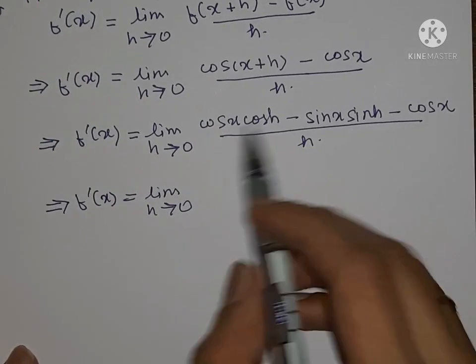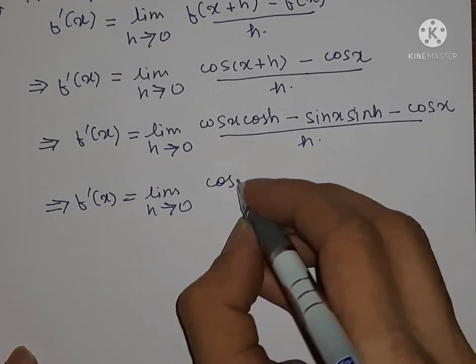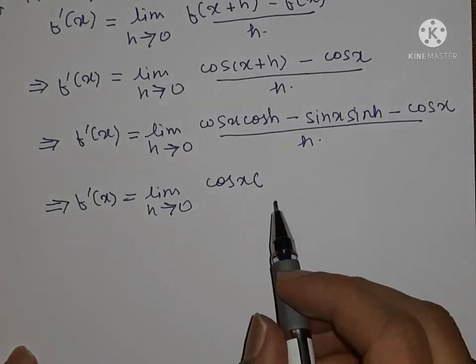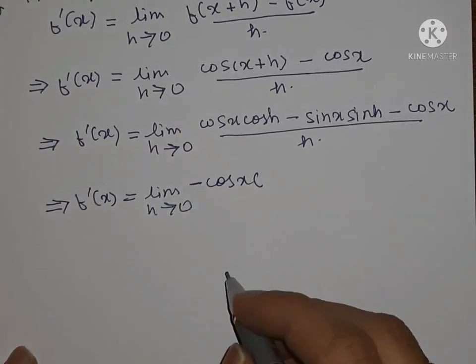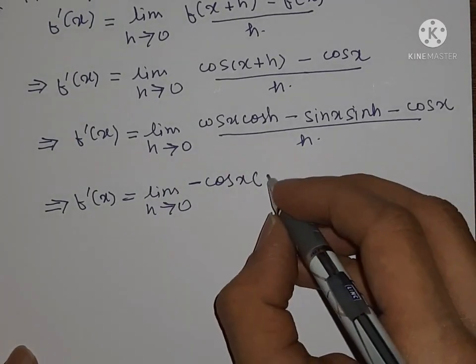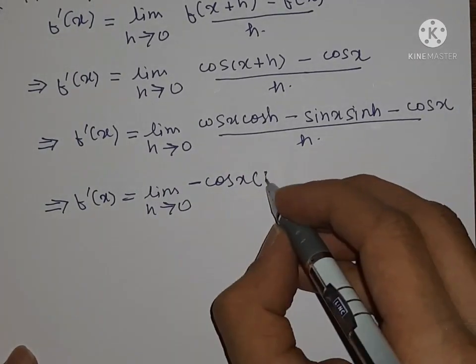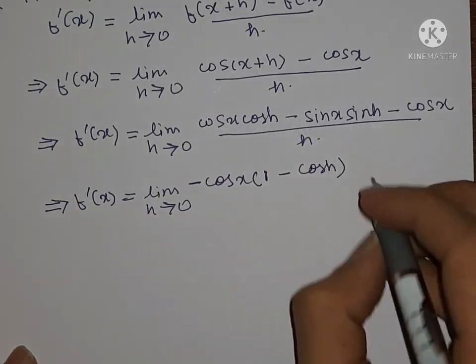Now we can take cos x common from these two terms. So what will happen? Cos x multiplied by, so we will take minus cos x common. Okay, instead of cos x we will take minus cos x. What will happen here? 1 will remain, and minus cos h, right?